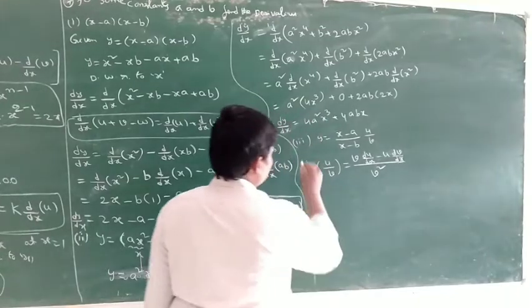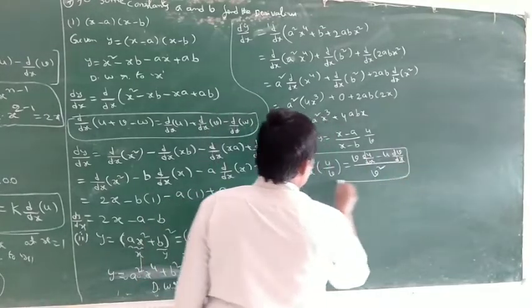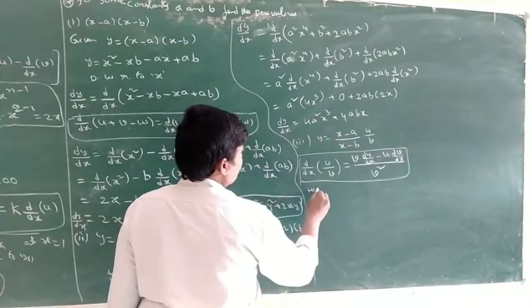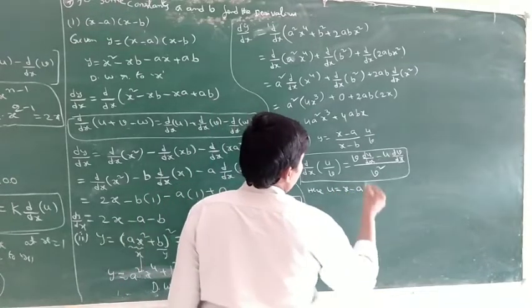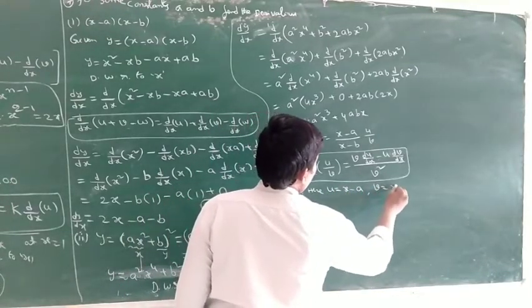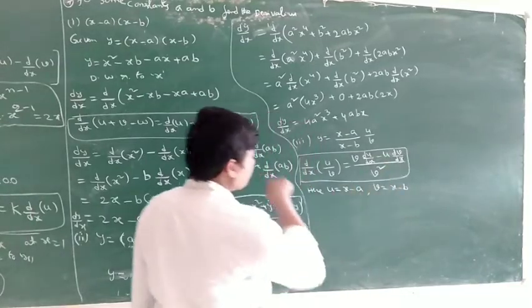This is the formula. So here, what is u? Here u is equal to x − a, v is equal to x − b.